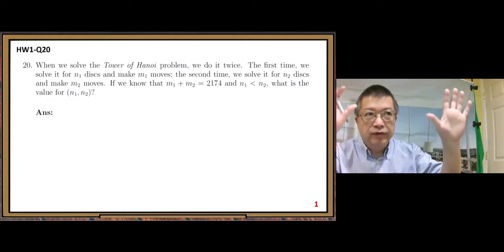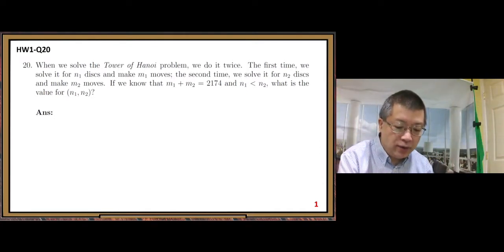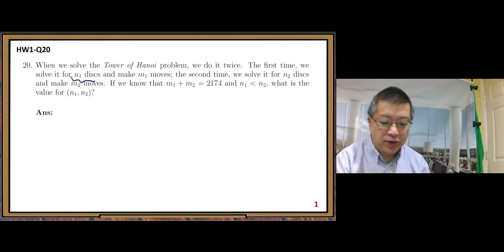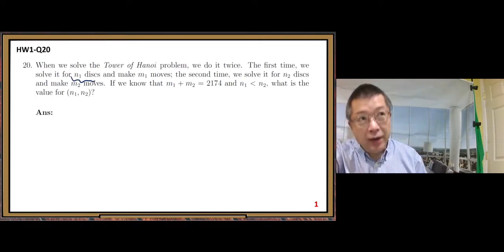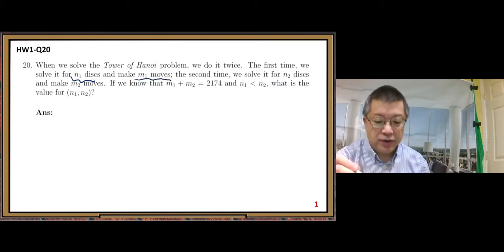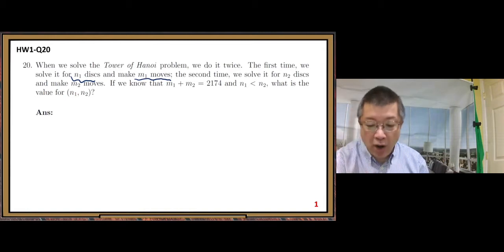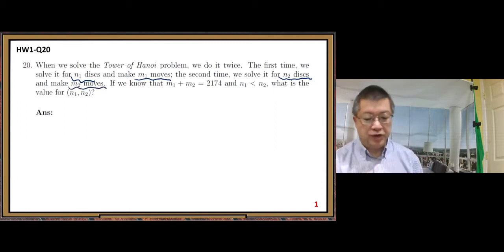In the first case, we use M1 disks, then by our standard solution, we need to make M1 moves. The second time, we change the problem to N2 disks, and we make M2 moves.